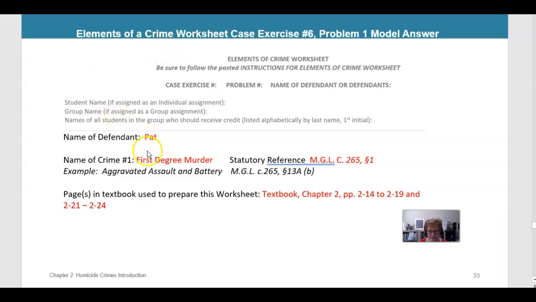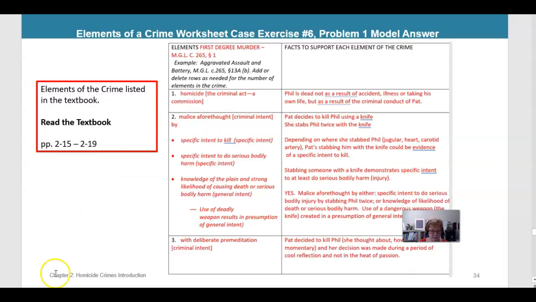So I've identified Pat as the defendant, first-degree murder, the statutory reference, which is in the textbook, and where I got all my information, what pages from the textbook. As I move through the form, the elements of first-degree murder are listed in the textbook. You're not making them up. You're not shortcutting them. You're taking them directly from the textbook, which is what I have done here.